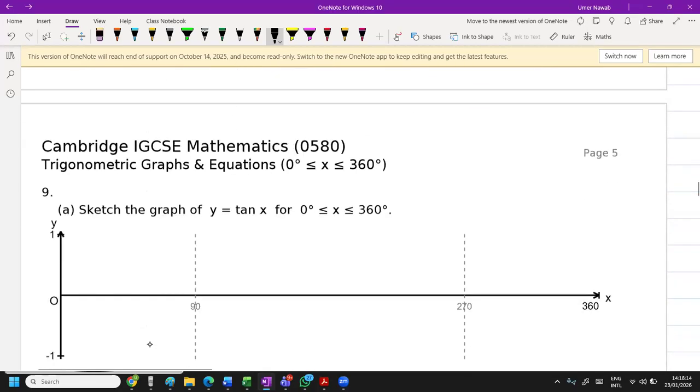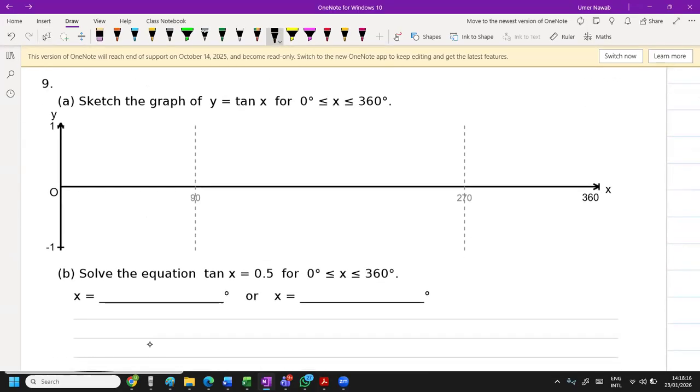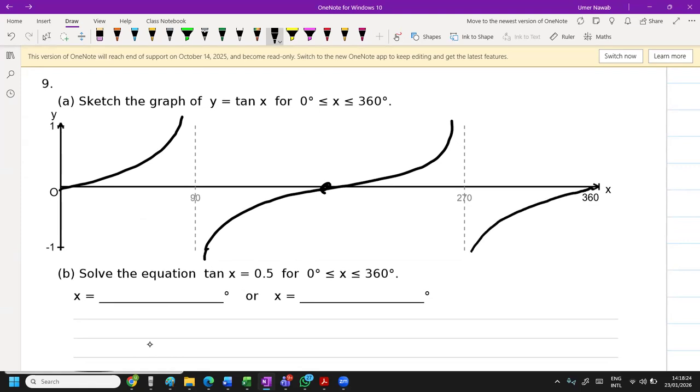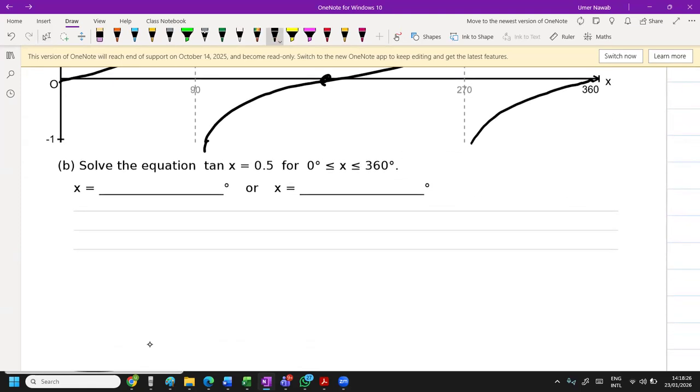Next, I want to draw the tan graph. So it is like this, 180, like this, like this. Tan of x is equal to 0.5, the positive answer. So tan is positive in which quadrant?